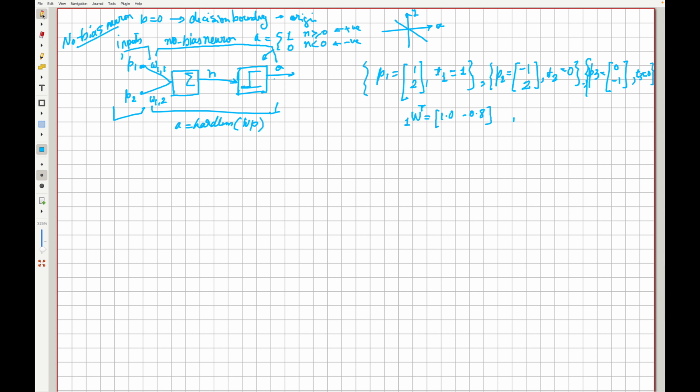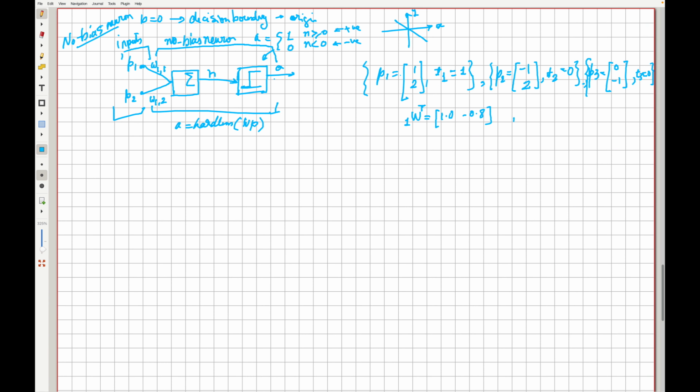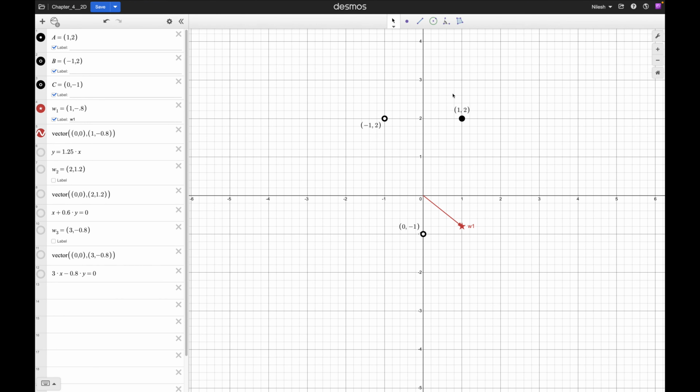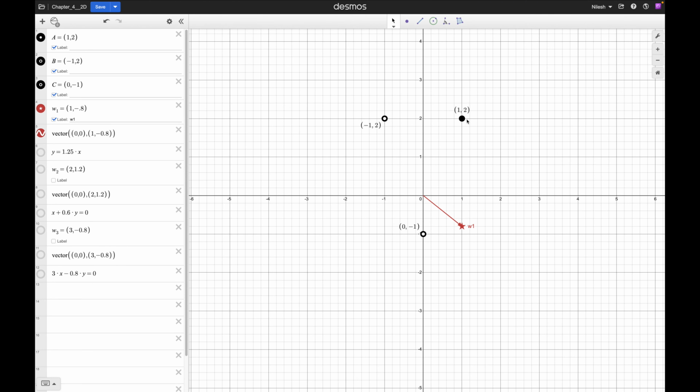Let's now go to Desmos and try and plot these. Here we can see our data points. Here we have our P1, which is this data point right here. Then we have P2, which is this one, P3, and that's our initial weight vector W. On the left hand side, I've already plugged in all the values so that we save time.